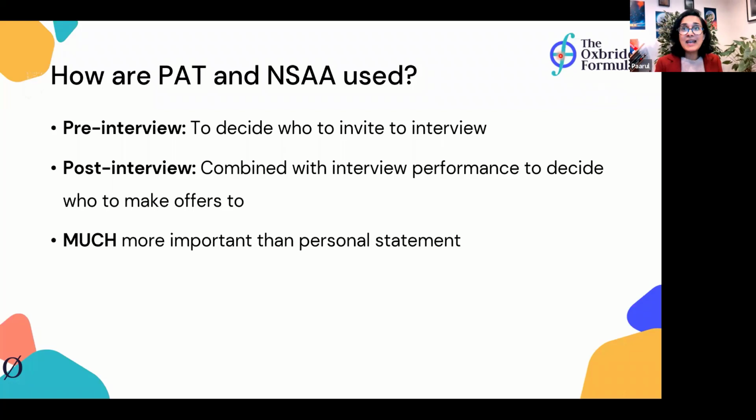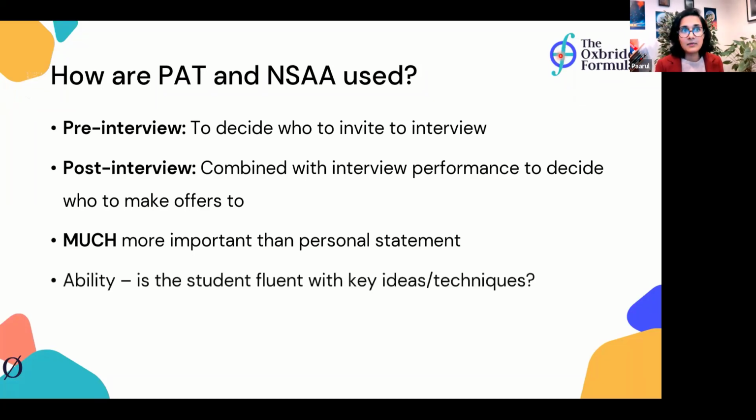But what they really care about is how good you are at maths and physics, what your problem solving skills are like. And the way they test your problem solving skills is via the test and via the interview. So if you've perfected your personal statement with loads of extracurricular, supercurricular activities, but you can't solve the problems to a satisfactory level in the exam or the interview, then you won't be considered as a candidate.